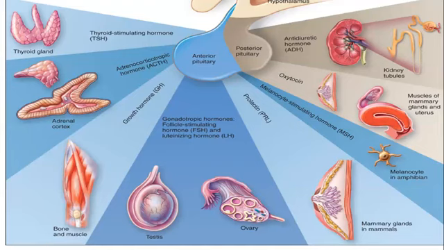Apart from that, the anterior pituitary also secretes gonadotrophic hormone, which includes follicle-stimulating hormone FSH and luteinizing hormone LH. The FSH hormone has an effect on ovaries, stimulating the ovary to produce estrogen. LH hormone stimulates the testes to produce androgen, a male sex hormone.